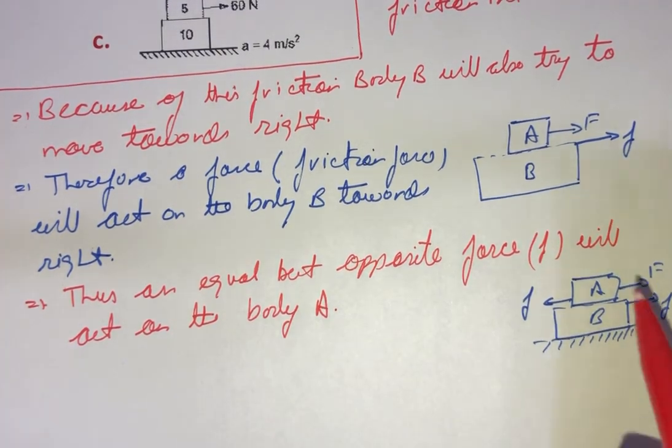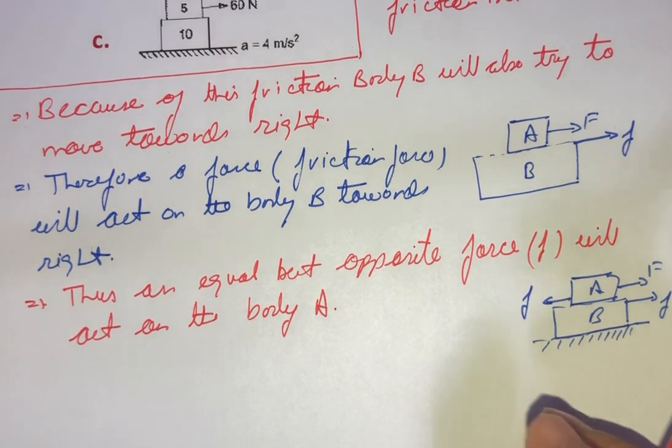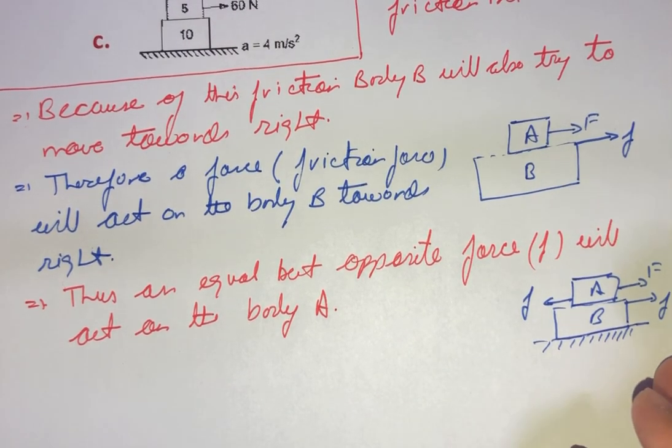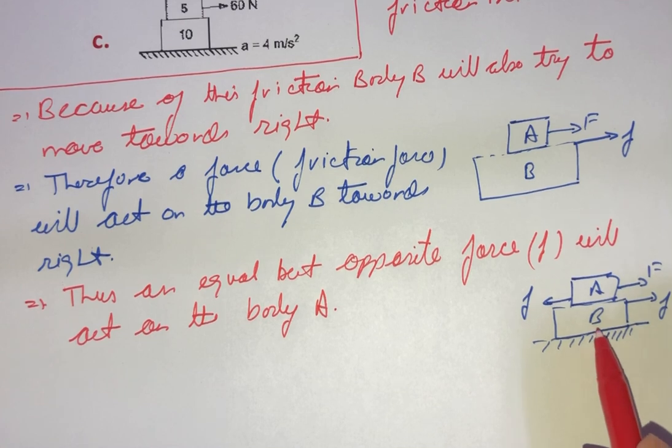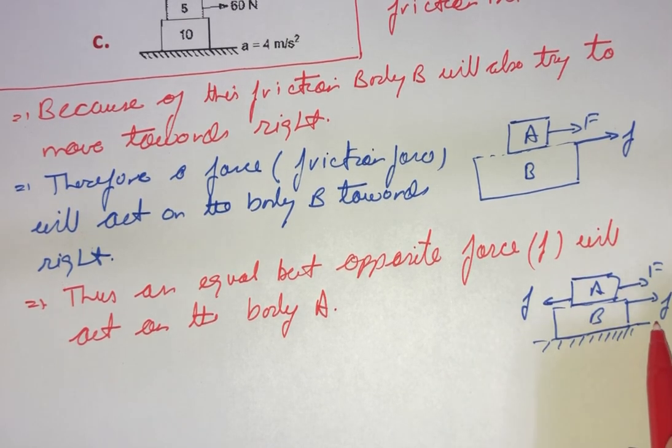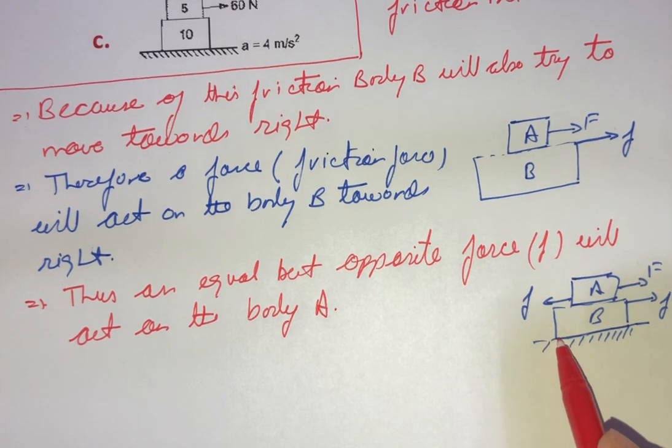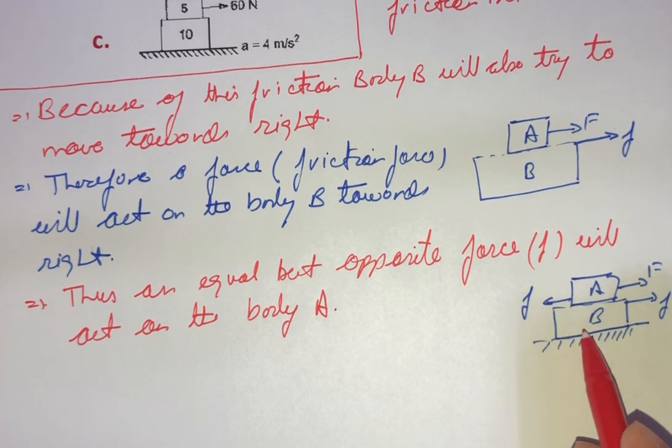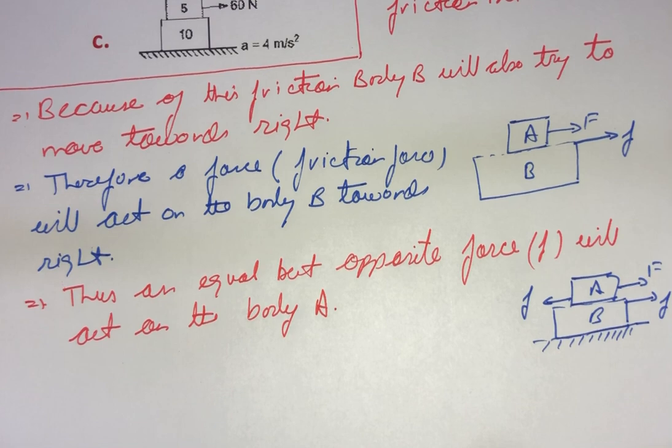Now B also has the tendency to move towards the right side. So as B has the tendency to move toward the right side, there will also be a friction force between the ground and B. Okay.